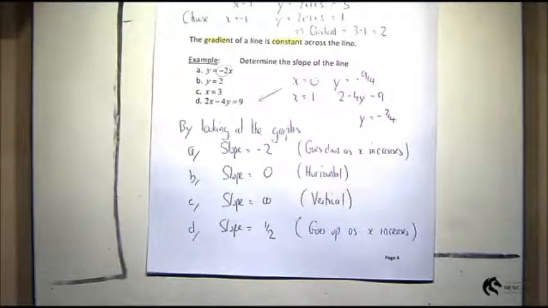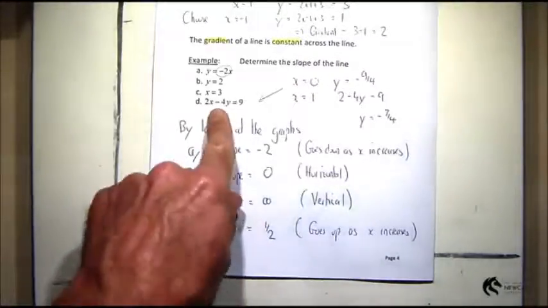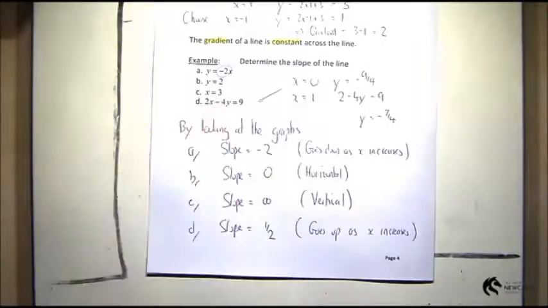And to try and convince you even more that that's correct, let's rewrite 2x minus 4y equal to 9 with y as the subject. Make y the subject. I've got minus 4y is equal to minus 2x plus 9.